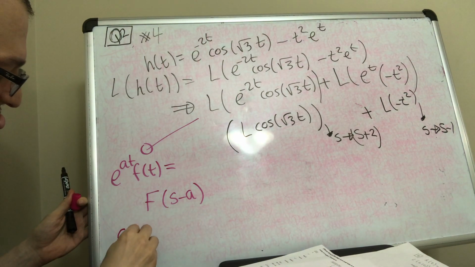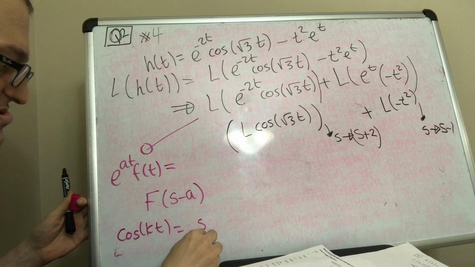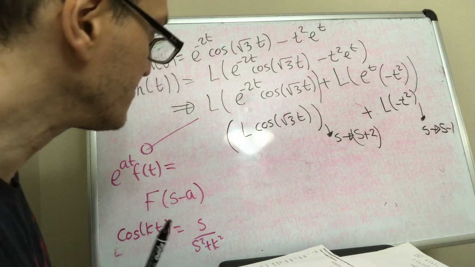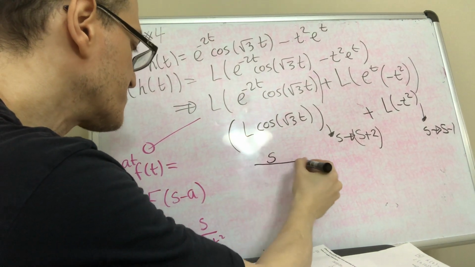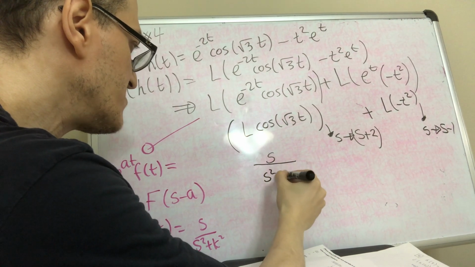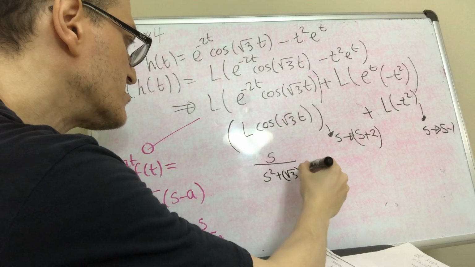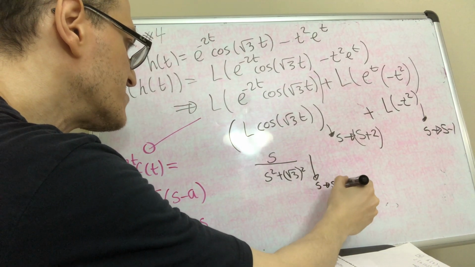When you have cosine of kt, it would be s over s squared plus k squared. So here we go, s over s squared plus k squared, and remember, we still need to do the shift.